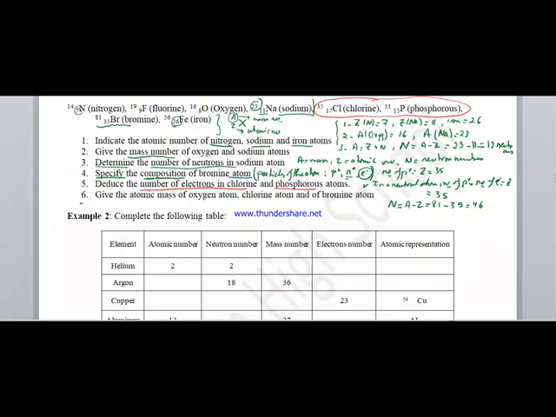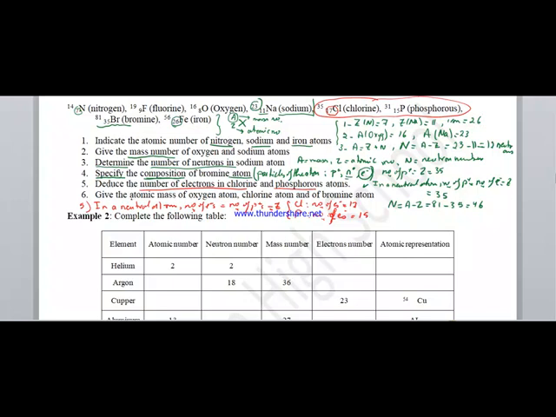In a neutral atom, the number of electrons is equal to the number of protons, equal to Z. For chlorine, the number of electrons is equal to 17, which is the atomic number. For phosphorus, the number of electrons is equal to 15.